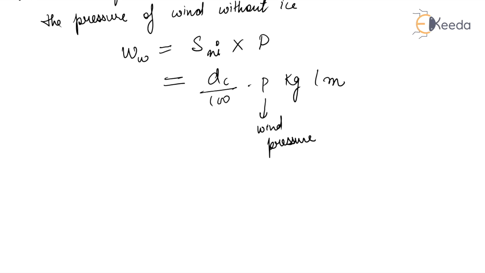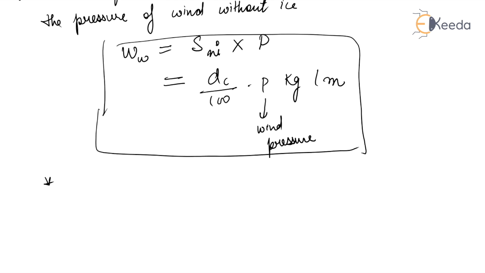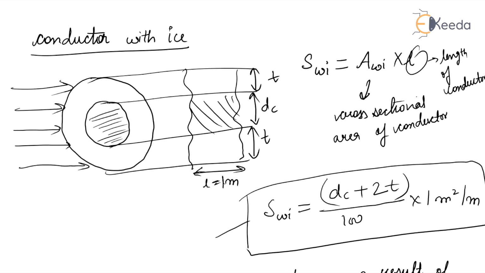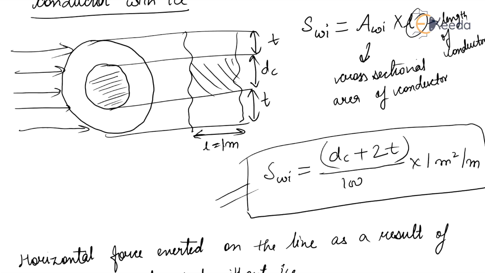This is without ice. And with ice covered, Ww is equal to SWI into P. For 1 meter length of conductor, SWI is equal to (DC plus 2T) upon 100.